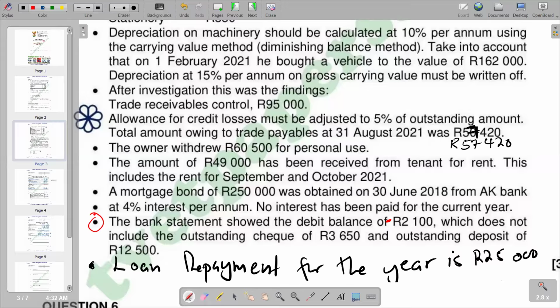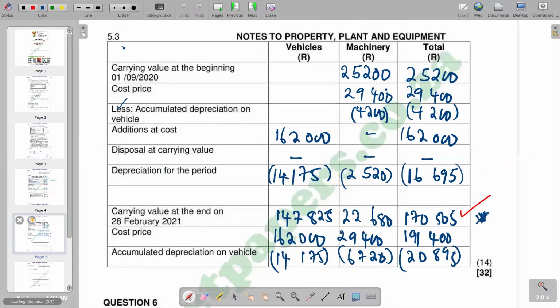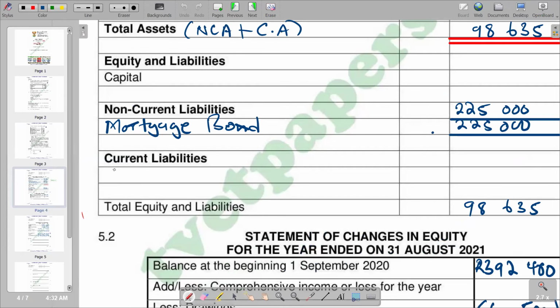The figure for trade and other payables, other current liabilities, is 57,420, which is going to represent our trade payables. So you can just refer to your other section. You see that we put our trade payables here.